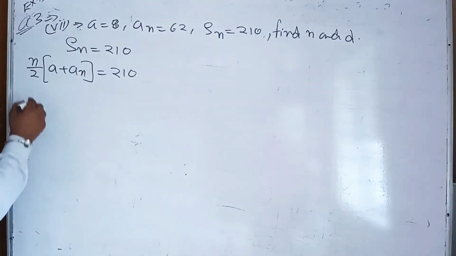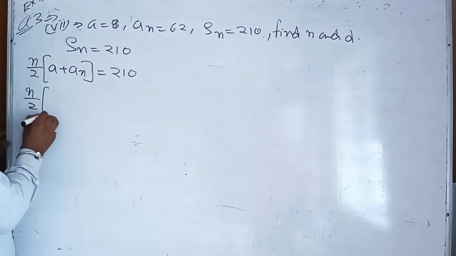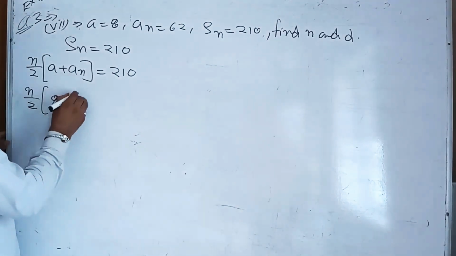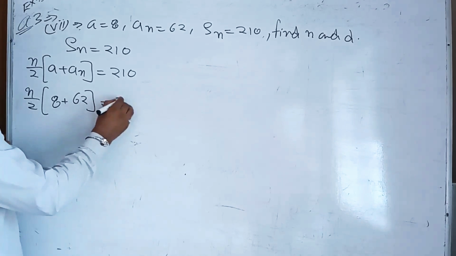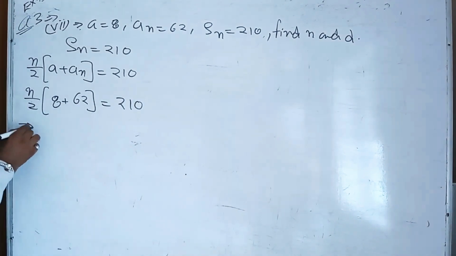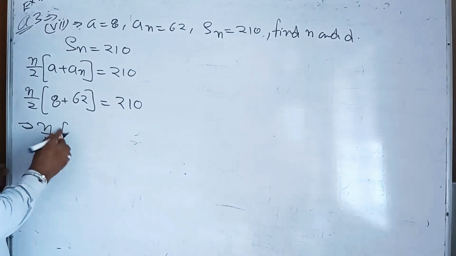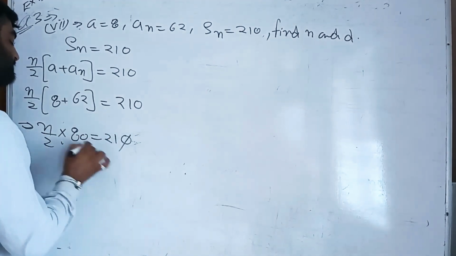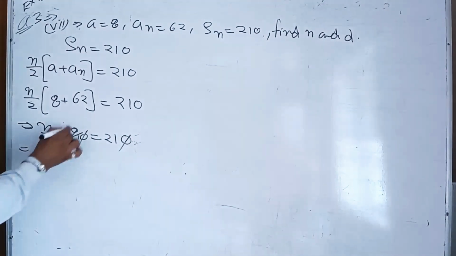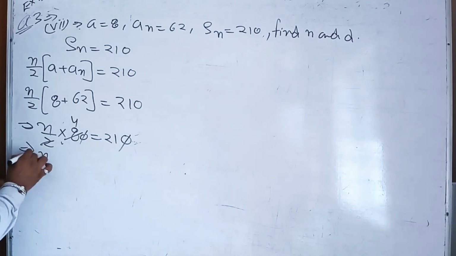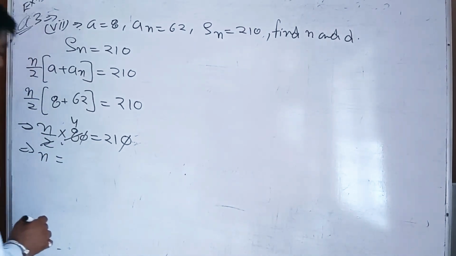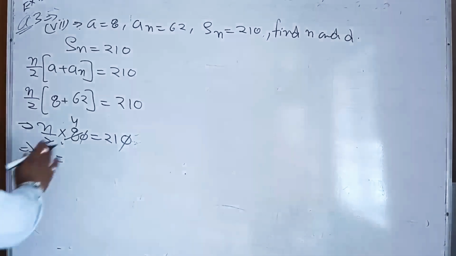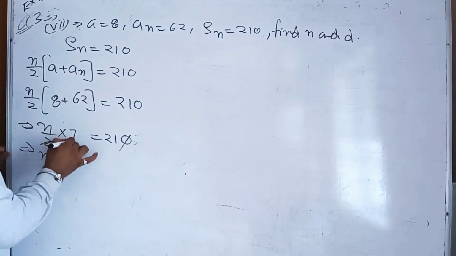So n/2 into a, which is 8, plus an, which is 62, equals 210. So n/2 into 80 equals 210. Sorry, this is not 80, students, this is 70.